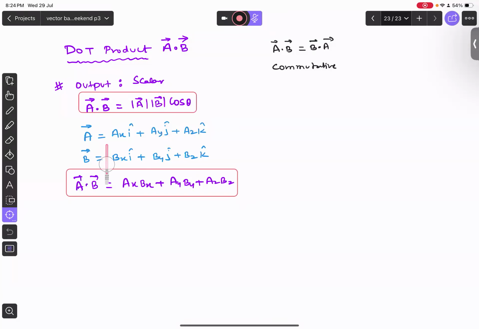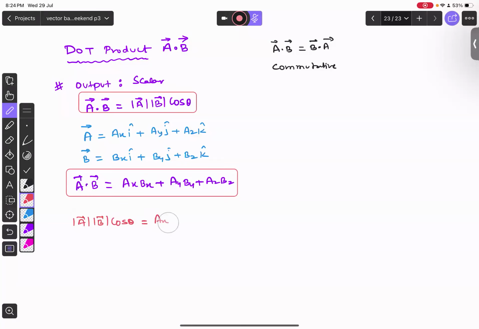And if I know them in terms of their components and I don't know the angle between them, we use this formula. Since both are the same, I can equate them. So we get length of A into length of B cos theta equals Ax Bx plus Ay By plus Az Bz.